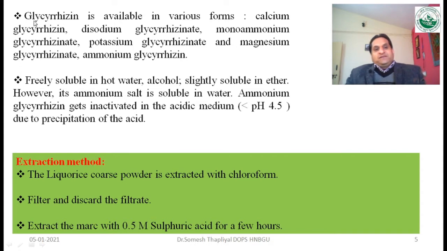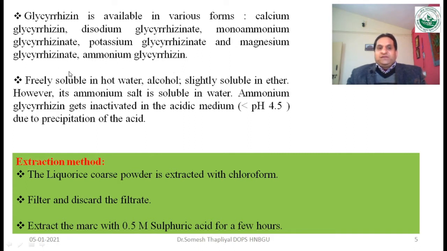Glycyrrhizin is available in the form of salts, and there are many salt forms available commercially. For example, calcium glycyrrhizinate, disodium glycyrrhizinate, monoammonium glycyrrhizinate, potassium glycyrrhizinate, magnesium glycyrrhizinate and ammonium glycyrrhizinate.